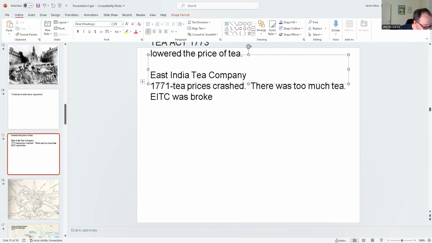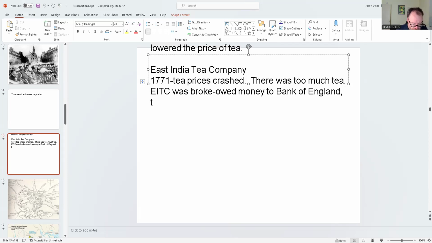It had massive debts. It owed money to the Bank of England, to the government, and to its shareholders.